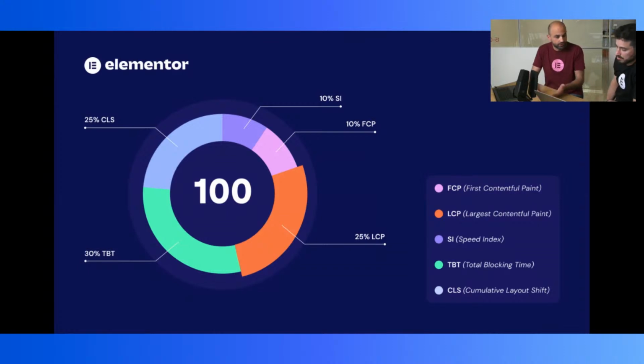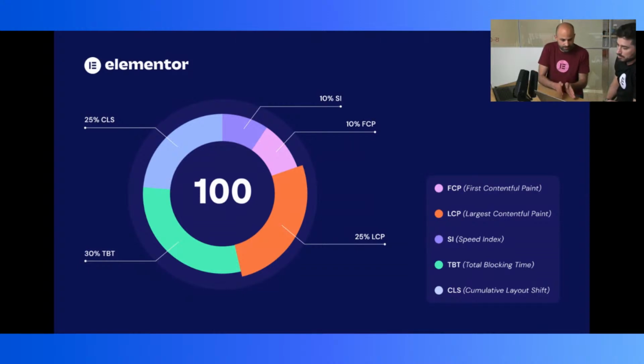It consists of 25% LCP, the largest contentful paint, how much time it took for the largest element to load above the fold. The total blocking time, which takes up a big portion as well. Yeah, again, it's an important metric that represents the interactivity. Can I interact with the website? And the other big area is the CLS, cumulative layout shift, which represents 25 percent.